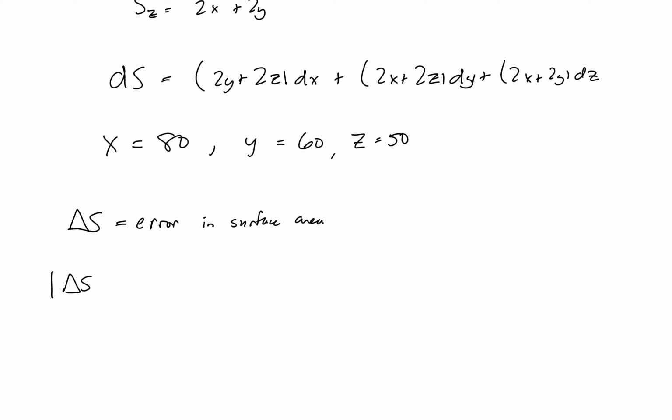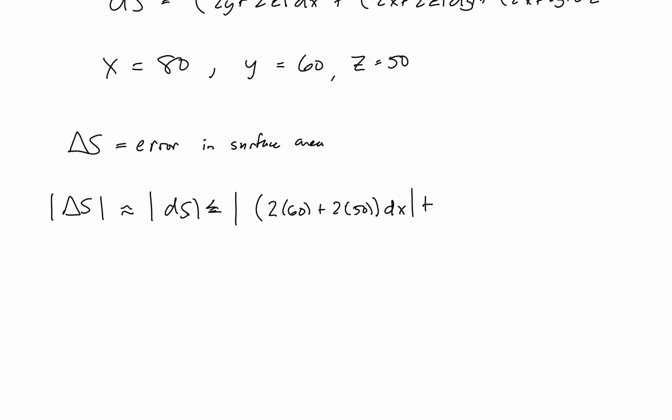So delta S, the error of this, is approximately this, which is, well, we can say less than or equal to 2 times 60 plus 2 times 50, times absolute value of dx, plus 2 times 80 plus 2 times 50, dy, plus 2 times 80 plus 2 times 60, dz.